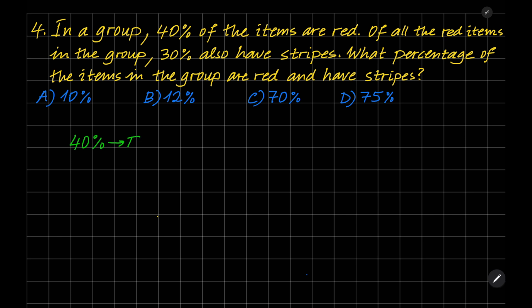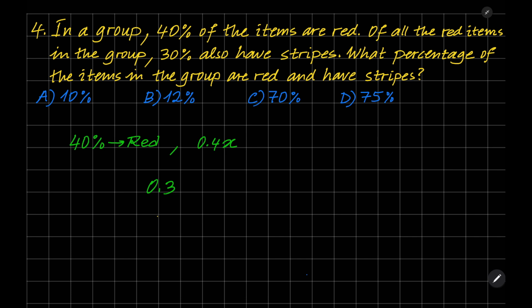It follows that the number of red items in the group can be represented by 0.4x, where x represents the total number of items in the group.